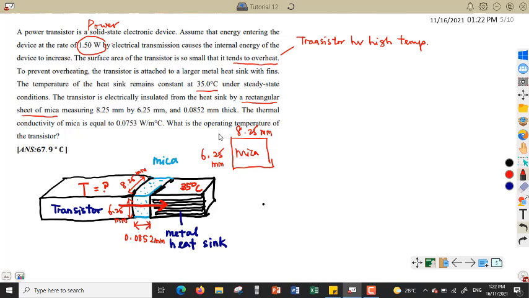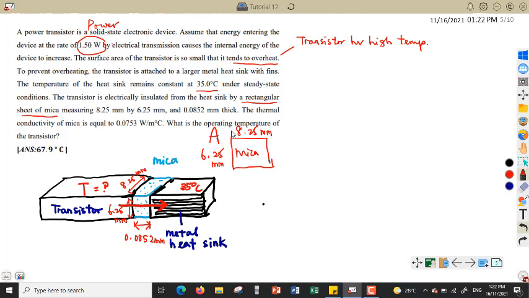From there we can find the area. The thickness of the nickel is 0.0852 mm. The thermal conductivity of nickel is equal to 0.0753 watt per meter degree Celsius.